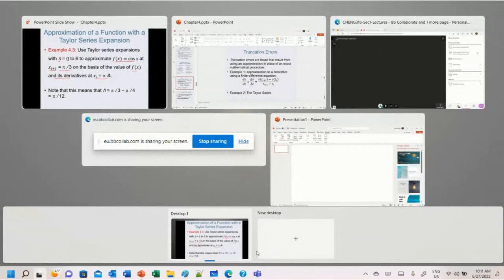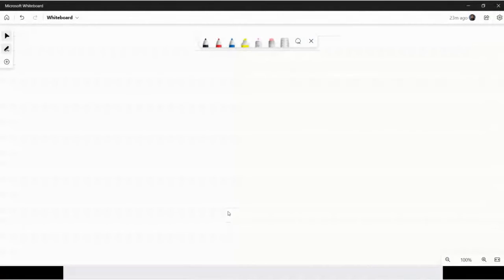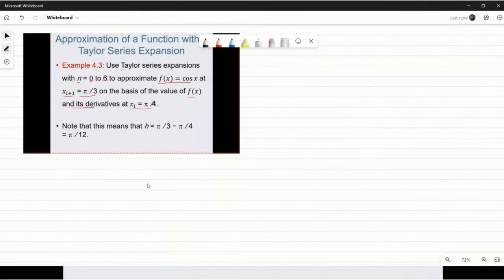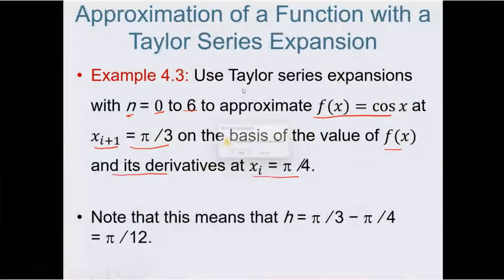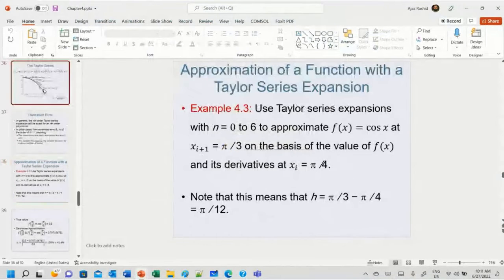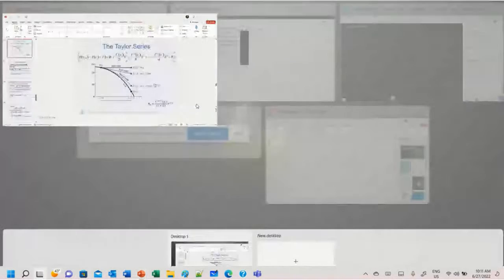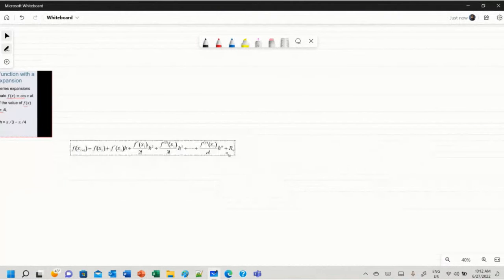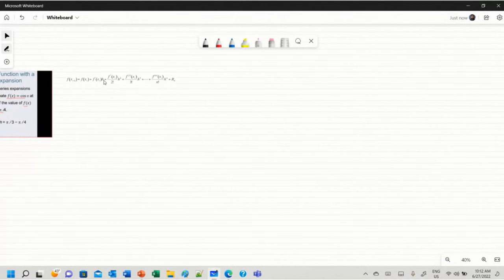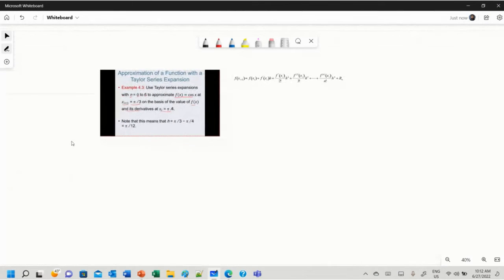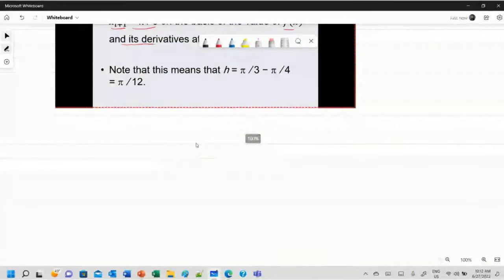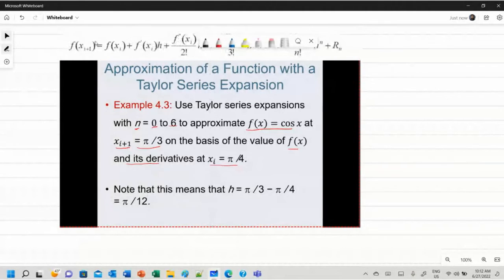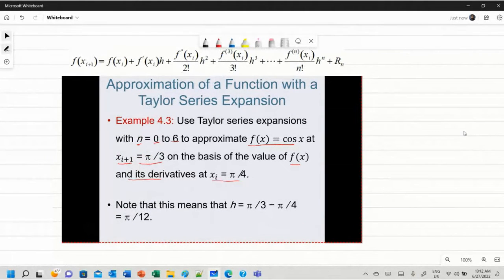I'll go to the whiteboard. So that's the Taylor series, and that's the problem that we have.